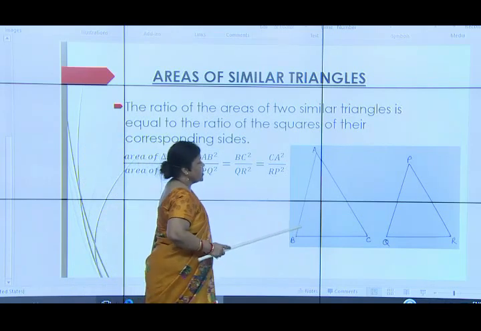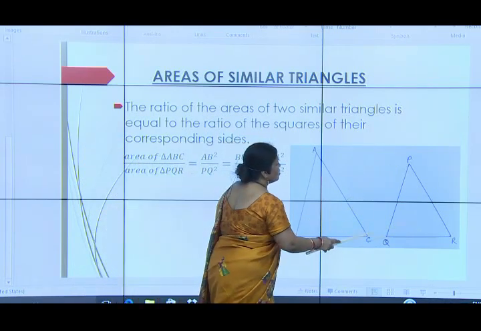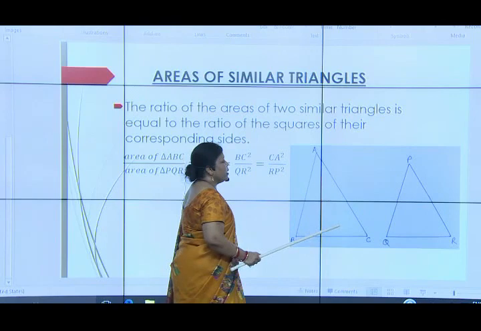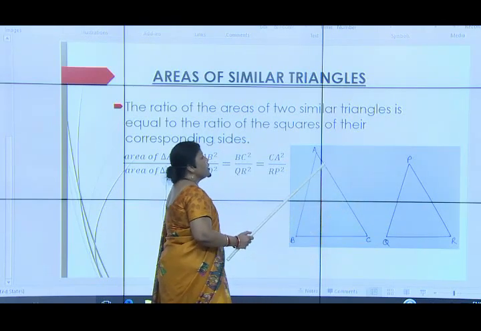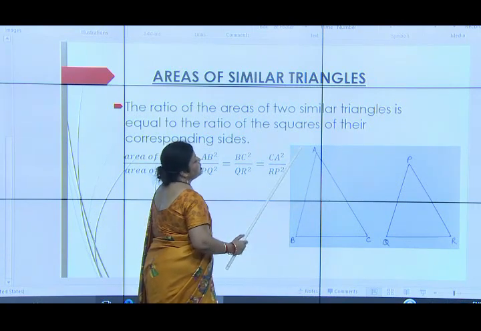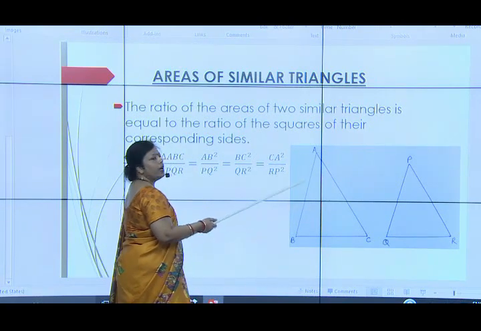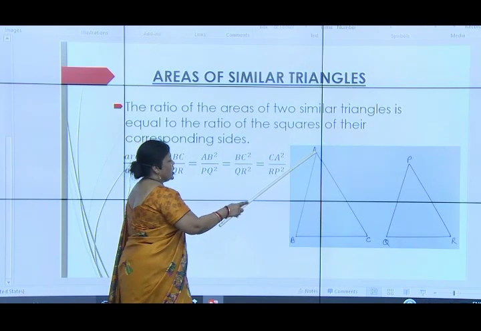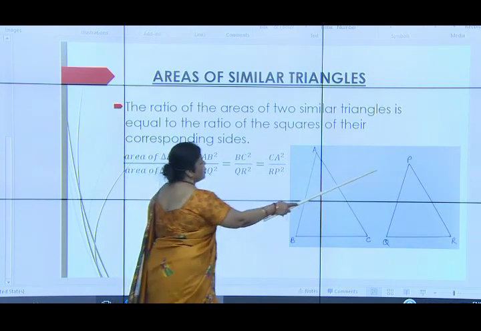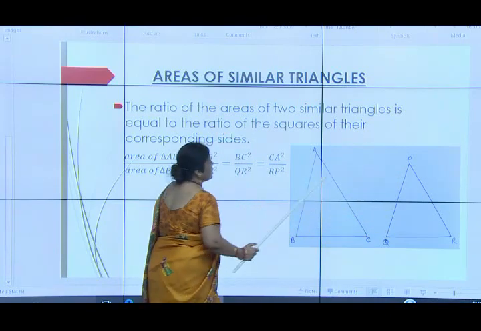Now if we are taking this triangle ABC and triangle PQR, so area of triangle ABC upon area of triangle PQR will be equal to any one of the pair of the corresponding sides. Children, whichever values we are given with, we have to apply that one only. So AB square upon PQ square. These are the corresponding sides.